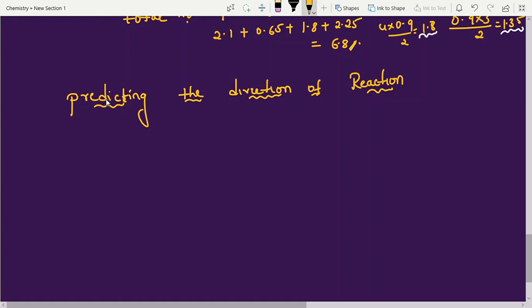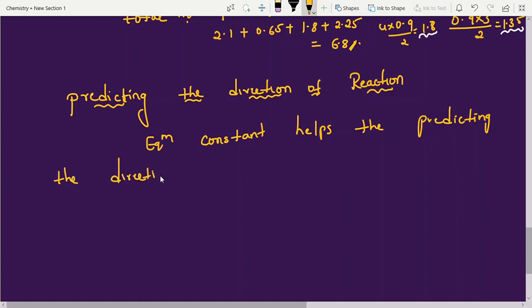Okay. See here, I am writing points. Equilibrium constant helps in predicting the direction in which a given reaction proceeds at any stage.